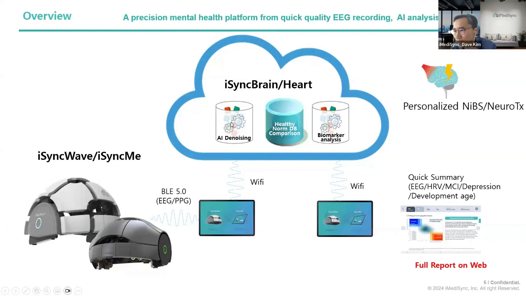And using that clean data, we calculate the quantitative features, EEG features and HRV features, and then compare with the normative database. And we can go through the biomarker analysis. Finally, usually after 10 minutes, we can get the quick summary report. And using the quick summary and the QEEG profile, we can give the personalized neuromodulation.